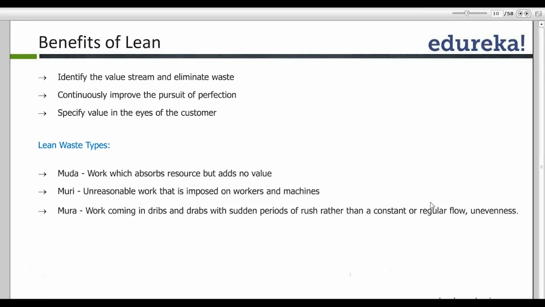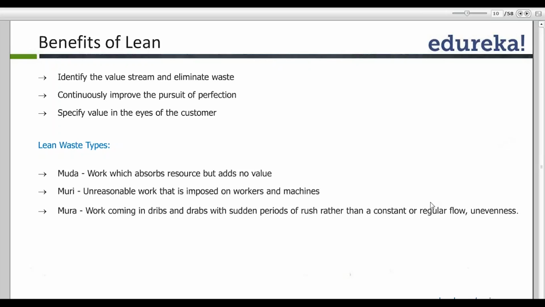And from a lean perspective, waste is of three types. These are Japanese terms: muda, muri, and mura. Muda stands for work which absorbs resources but adds no value. For example, if the work can be done by one person and I add two people, I'm absorbing a resource but it's not adding any value.